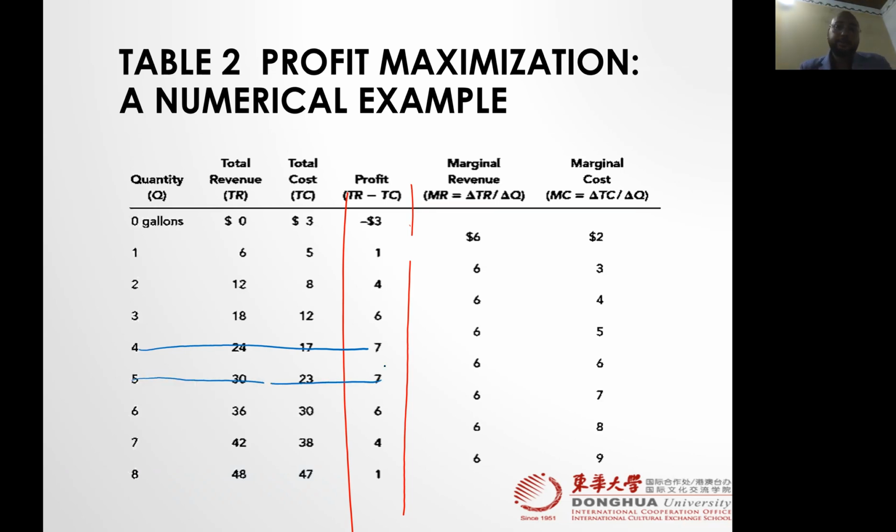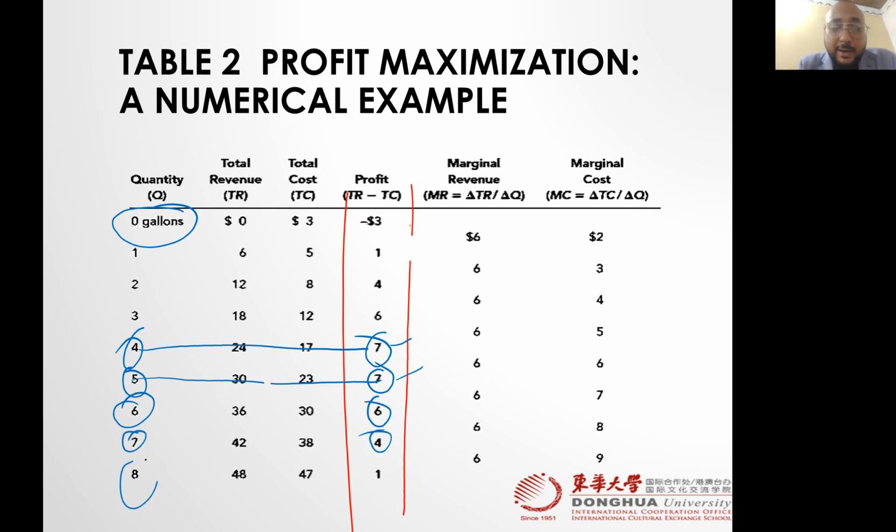Now we are confused. How much do we need to produce? Either we need to produce 4 units or we need to produce 5 units. Now we are confused because on the same output, we have the same profit. And amazingly, if we produce more, our profit declines. So that layman concept that I told you, the profit doesn't mean that if you sell more, you have more profit.